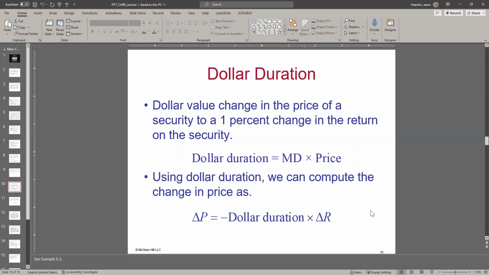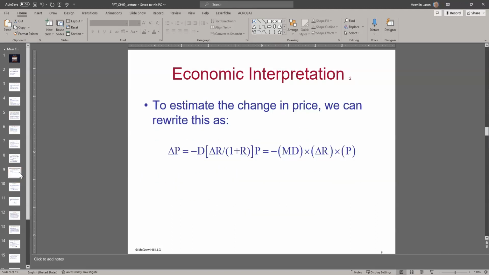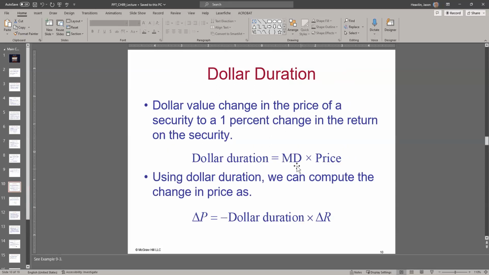Now notice there's no negative here. Always keep in mind, there's a common mistake that happens. Either we don't put the negative when we have to in front of it, like let's say here, or we do add the negative because we get used to it when you're not supposed to. So keep these formulas in mind. You take the modified duration times the price, and that will give you the dollar duration.